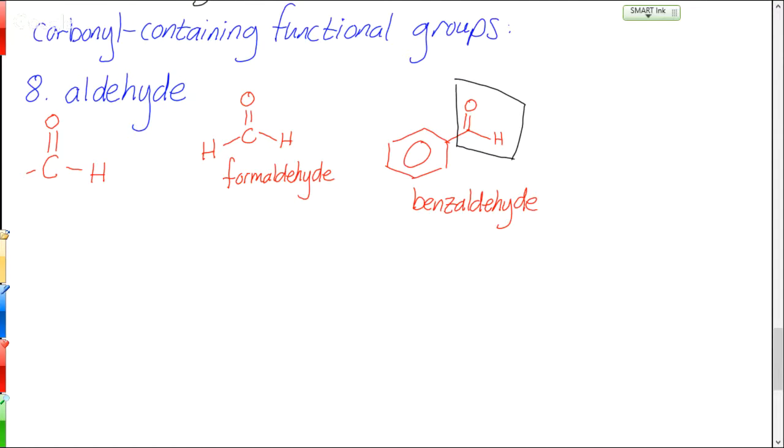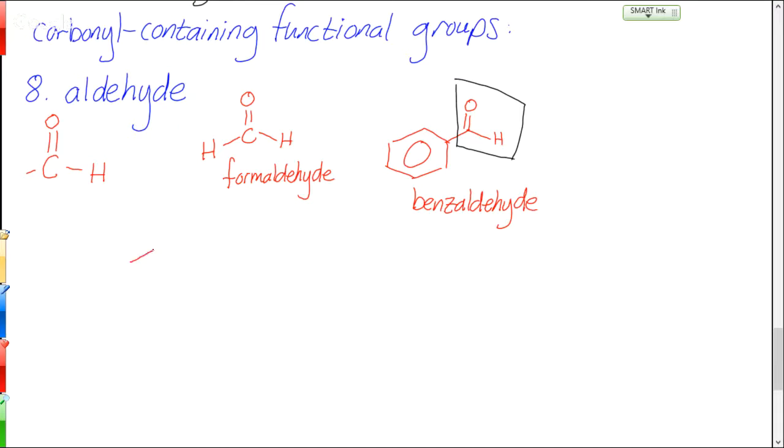Aldehydes are also smelly, but often in a good way. Formaldehyde, people don't tend to like the smell of that one, but benzaldehyde is that kind of sweet almond flavor. If you have almond flavored or scented lotions or things like that, that's probably benzaldehyde in there. That's what's causing that smell. And a lot of other flavor type molecules are aldehydes also.